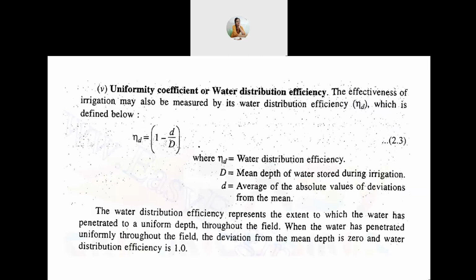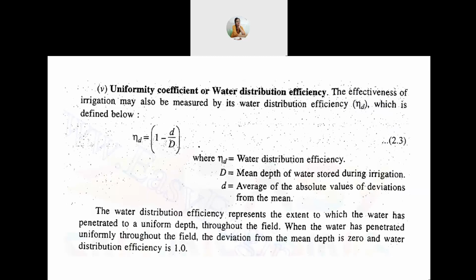Number 5 is uniformity coefficient or water distribution efficiency, and it is important. So just go through it. The effectiveness of irrigation may also be measured by its water distribution efficiency, which is denoted by efficiency suffix small d. D represents water distribution, which is defined below.